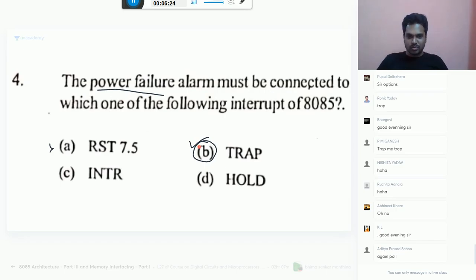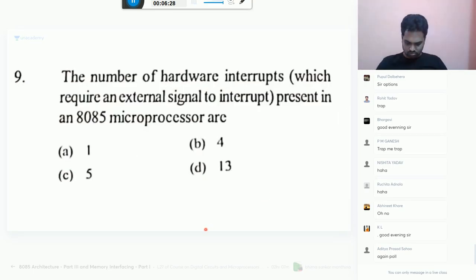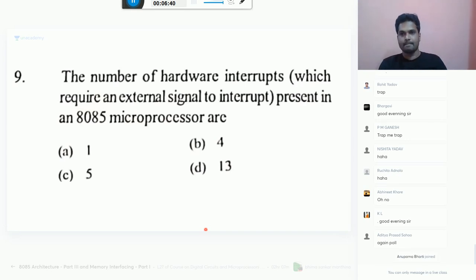Let's have a poll again. One more question. Read it, I will start the poll. So let's start the poll.